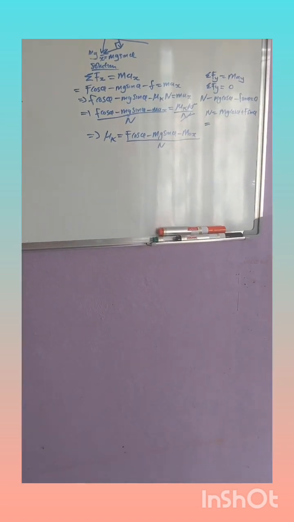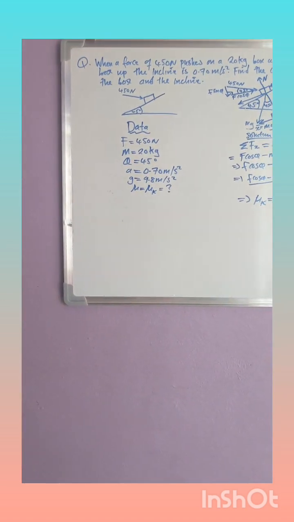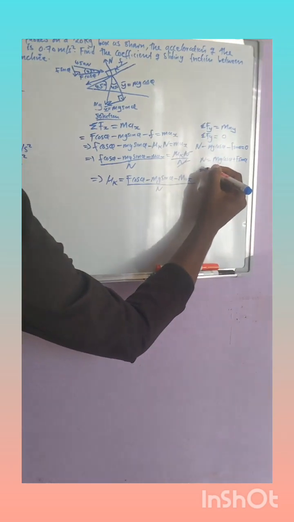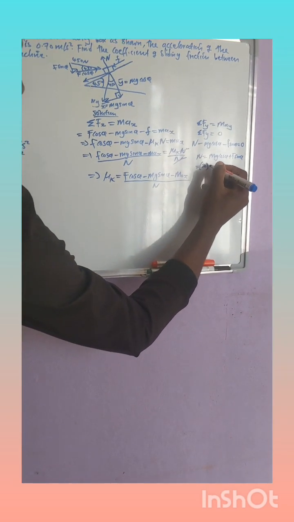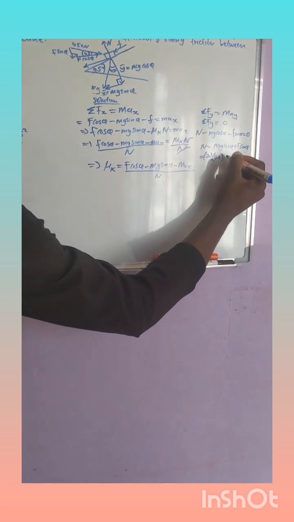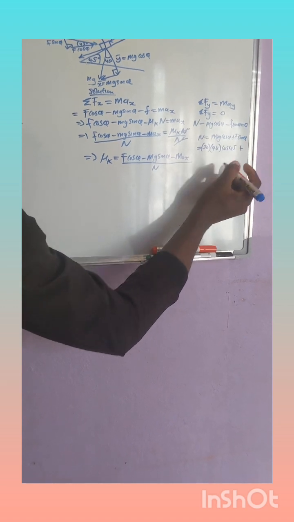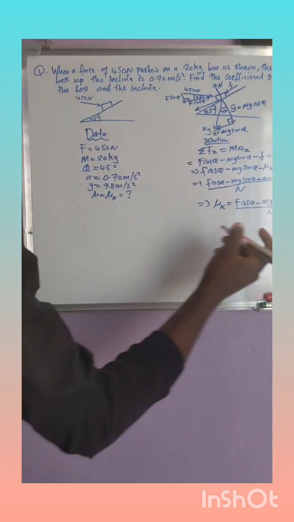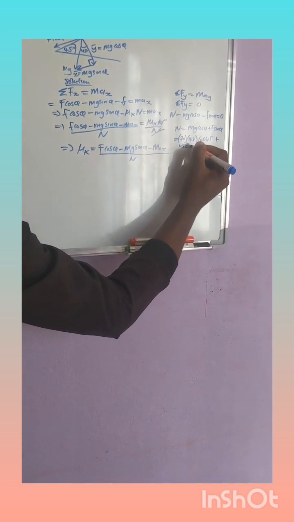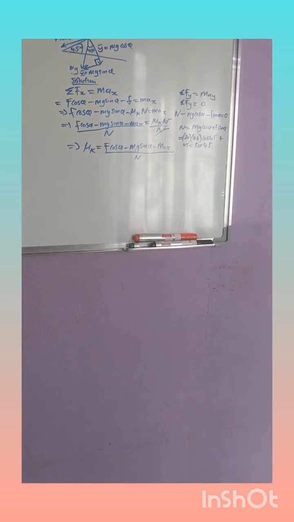Now we have our data here. The force is 450 newtons. I mean the mass is 20 kgs, sorry. We have the mass which is 20, the gravity which is 9.8, cos the angle which is 45, plus the force 450 newtons, sine the angle which is 45.